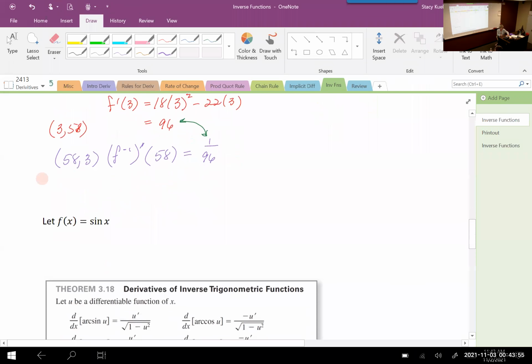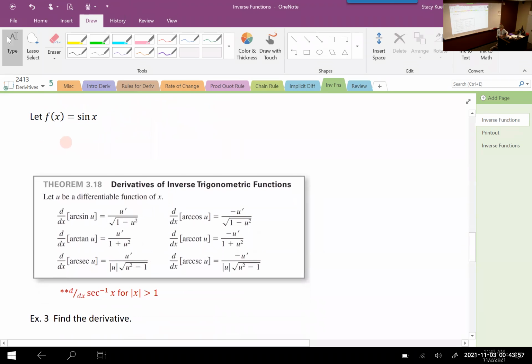Okay, so that's great. We have this relationship now between these functions as well as their inverses. But now let's see how that applies to our trig inverses.